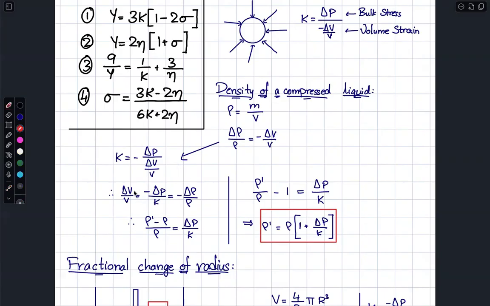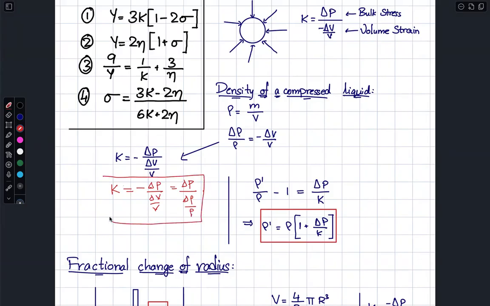So therefore delta V by V is... one minute, I'll give clarity because it was written wrongly by a student last year. K is minus delta P by delta V by V, which you can also write in terms of rho by rho.